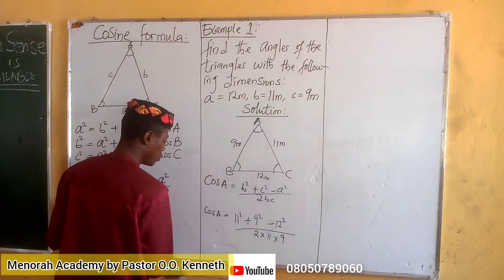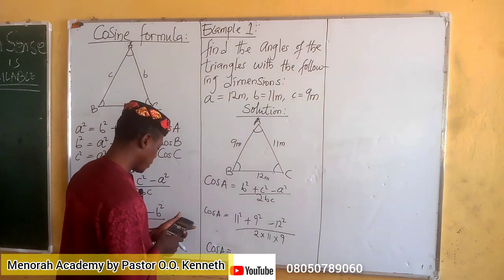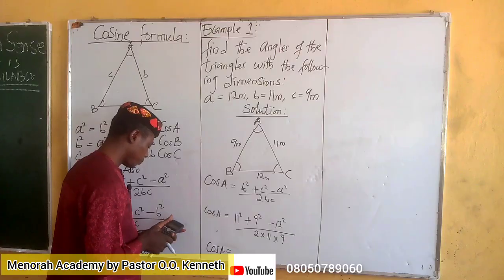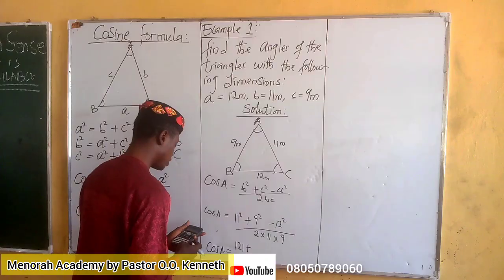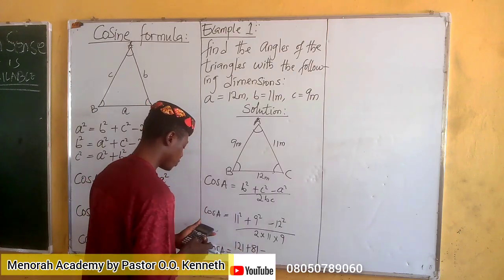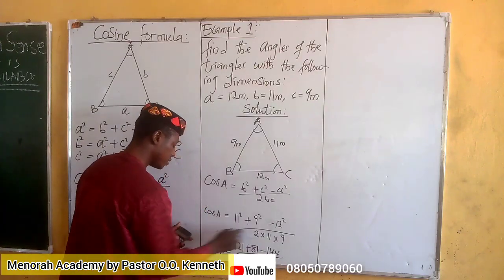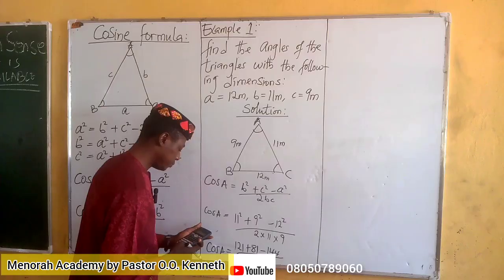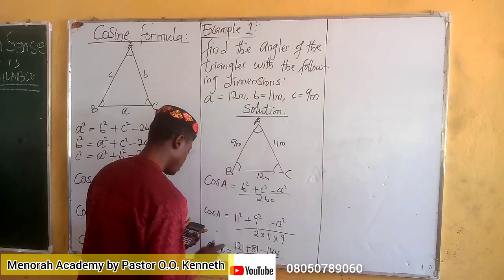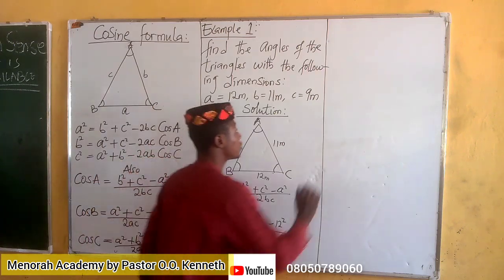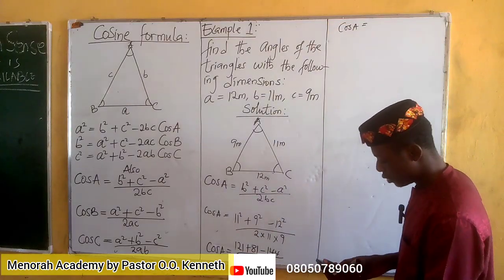So now we are going to have cos A equal to 11 squared, which is 121, plus 9 squared, which is 81, minus 12 squared, which is 144, all over 2 times 11 times 9. 2 times 11 times 9 is 198.